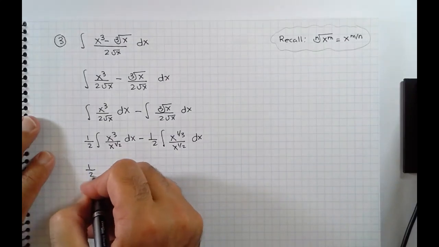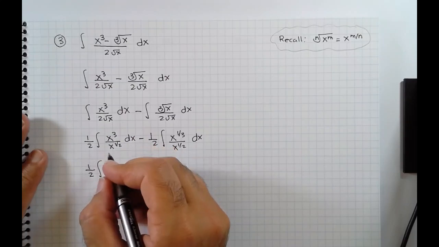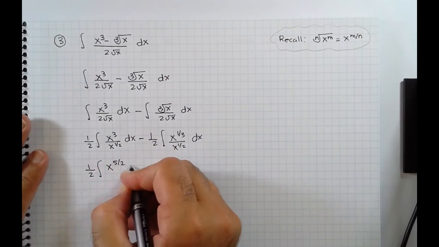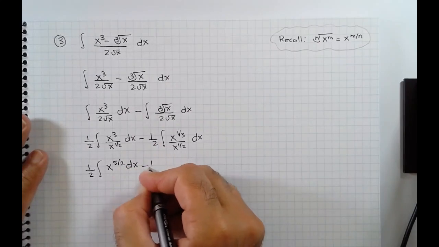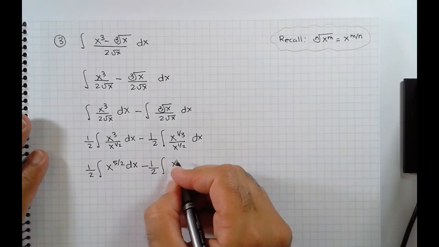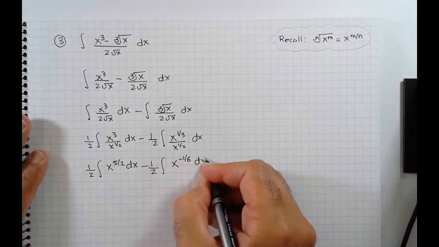1 half integral, 3 minus a half, we have the same base, subtract off the exponents, that's 2.5, so that's 5 over 2 dx, minus 1 half, same base, subtract off the exponents, that's 1/3 minus 1 half, that is negative 1 over 6 dx.